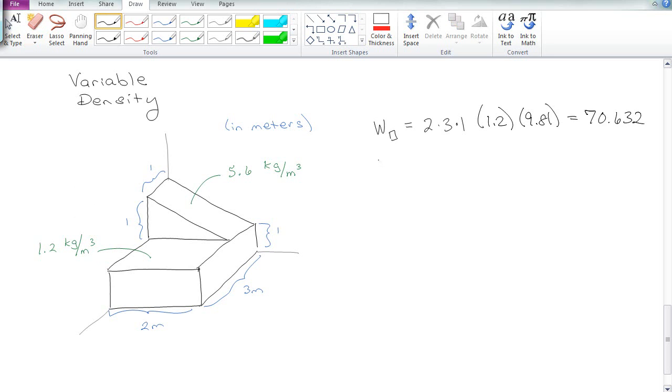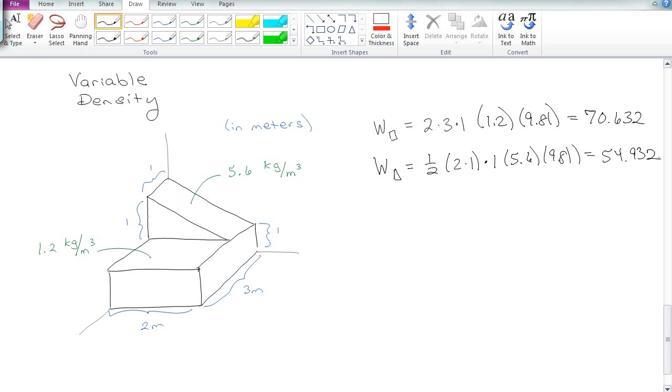And now we're going to do the weight of the wedge thingy, and that's going to be 1/2 base times height and then times the depth. So we've got 1/2, 1 times 2, or 2 times 1, and then multiply by the depth, and then times its density and the gravity thing, and now we have the weight of the 2 blocks, which is great.